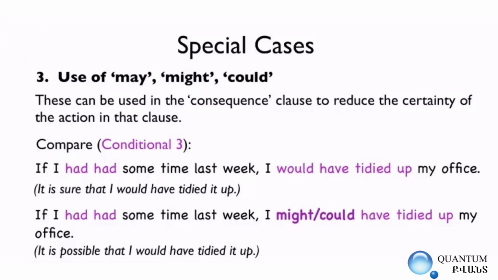It means that it is possible that I would have tidied it up, but it is not that sure. But there is one thing to remember here: we use may only in conditional one sentences, but might and could can be used in all three real conditionals.